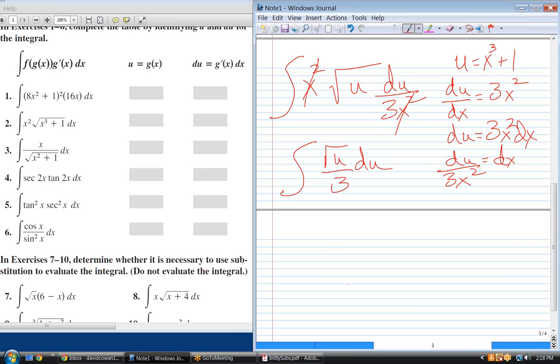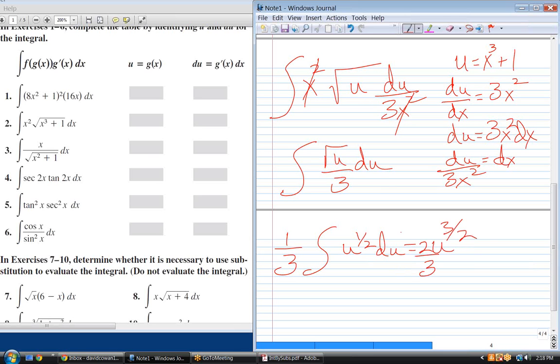Probably the best thing to always do when you're integrating is take out constants. You just integrate the constant factor times 1/3, which is 2/9 times u, which was x cubed plus 1.